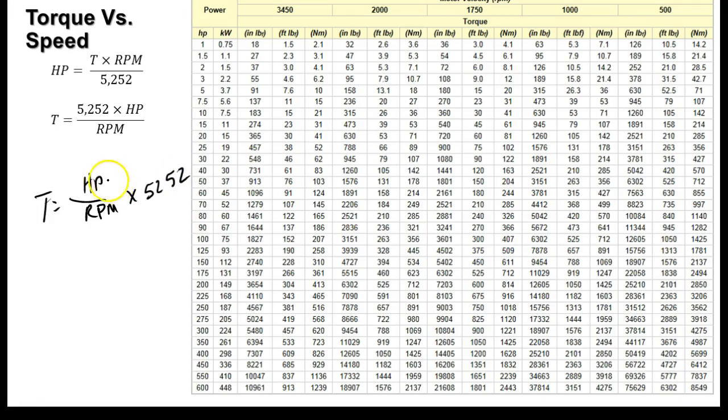So what it means is, if we're doing the same horsepower, you understand? Well, if RPM goes up, then what's going to happen to torque if horsepower is constant? It's on the bottom, guys. So if RPM goes up, then what's got to happen to torque?